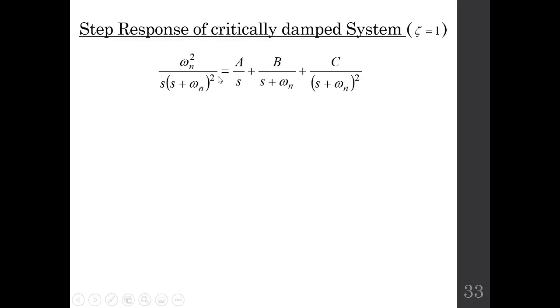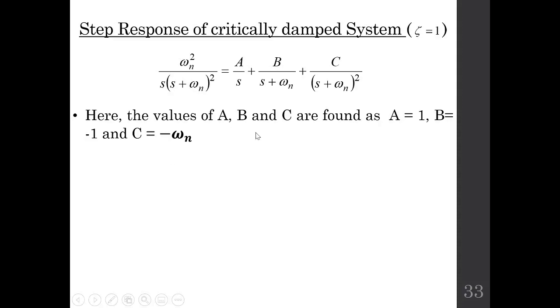So we have expanded this equation into its partial fraction form. After that, we need to find out the values of A, B and C, which we can easily find by comparing the right hand side with the left hand side.